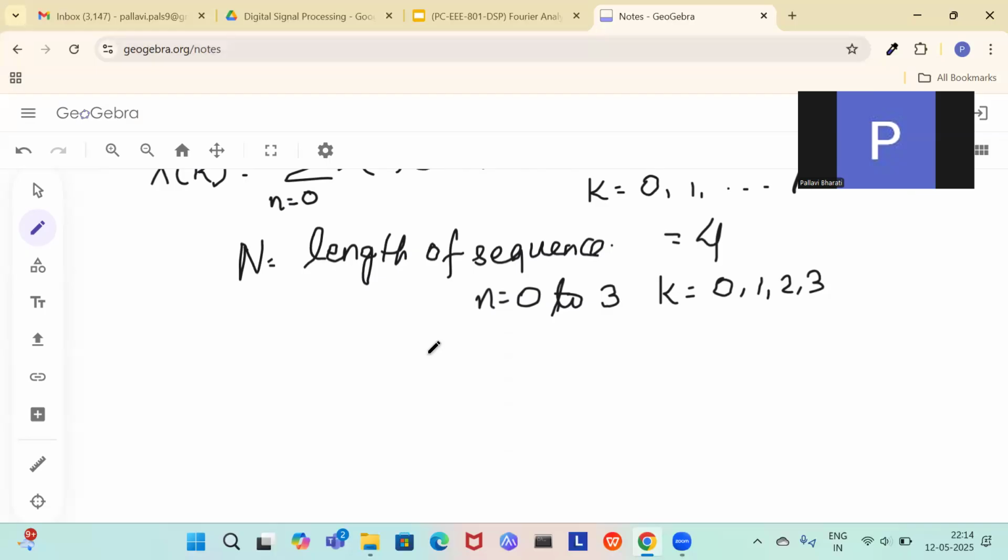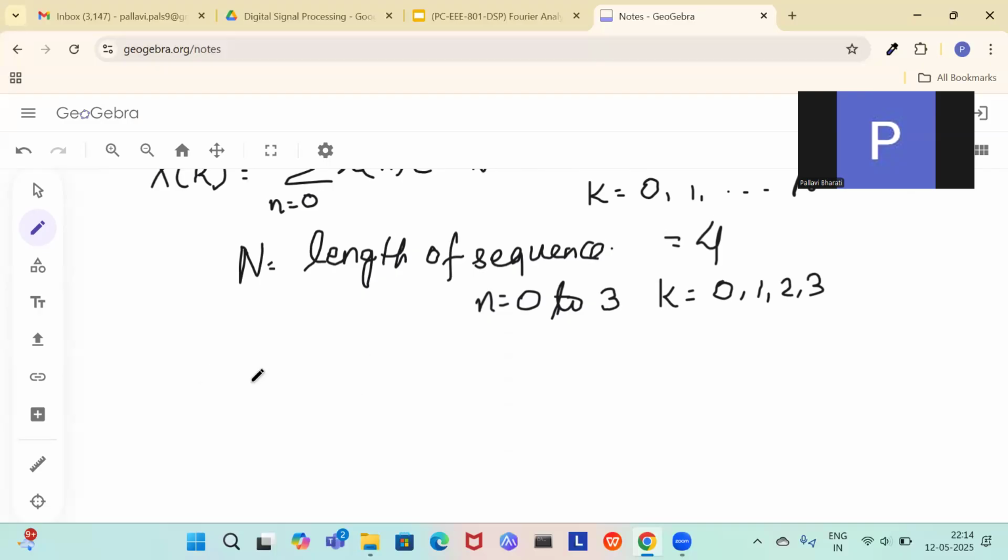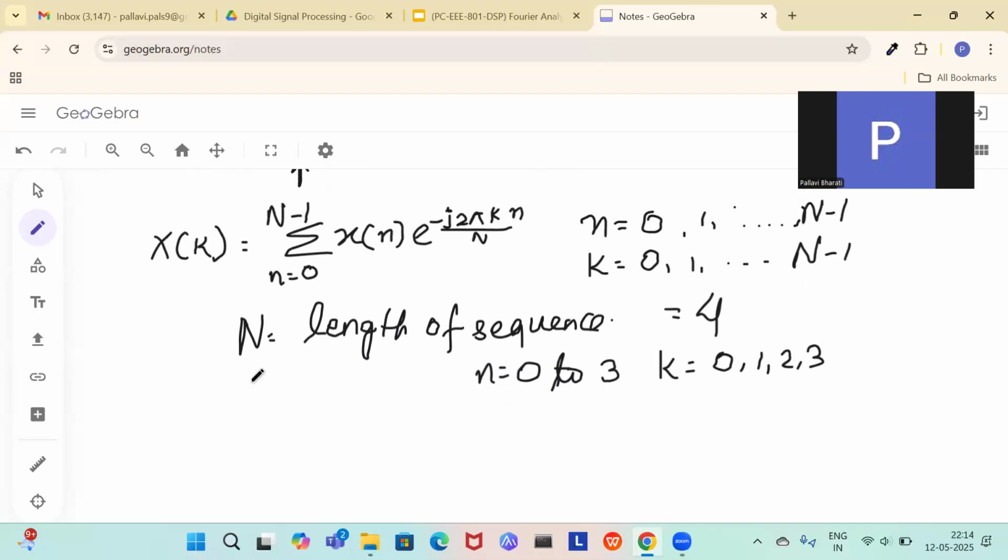Okay, first let us find it. How to find it: first you will find X of 0. Now you know that this is also discrete and finite, and also it is periodic. So first we will find for X of 0.